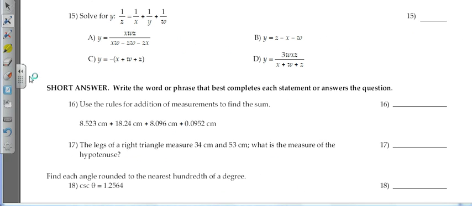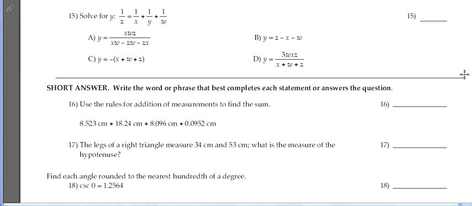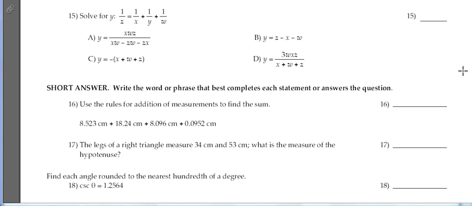15. Well, this is a circuit analysis 1 question. 1 over R total is equal to 1 over R1 plus 1 over R2 plus 1 over R3. Which one is the right answer? A, right?